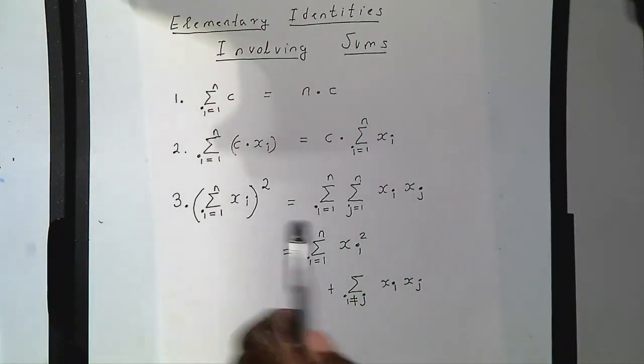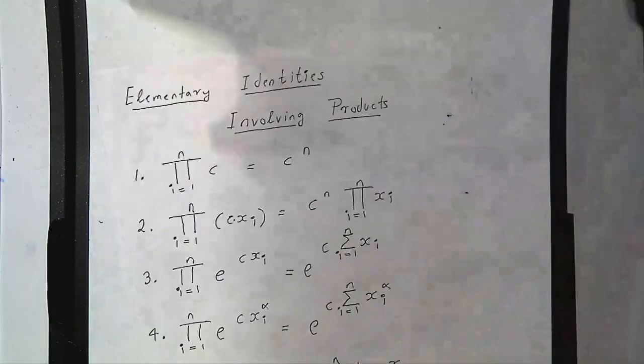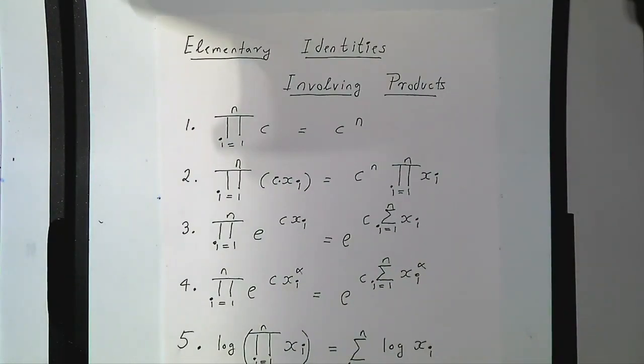Then I showed you some elementary identities involving sums and products. These are 3 identities involving sums, and these are 5 identities involving products.